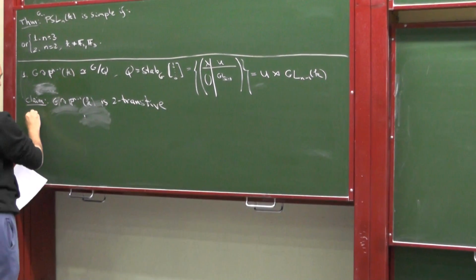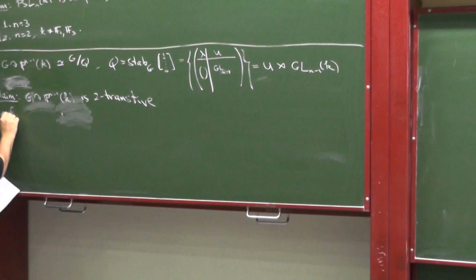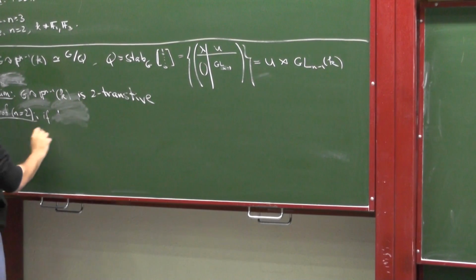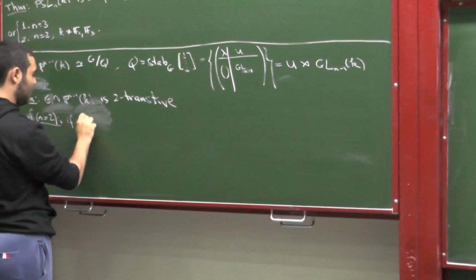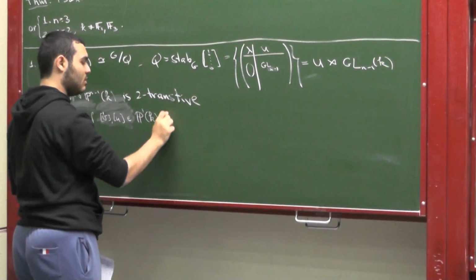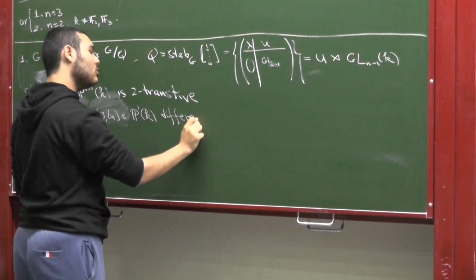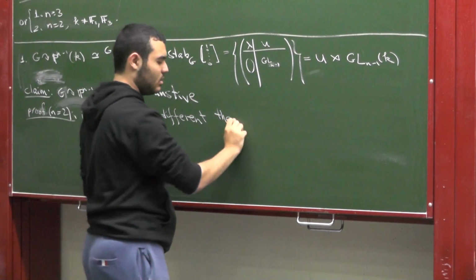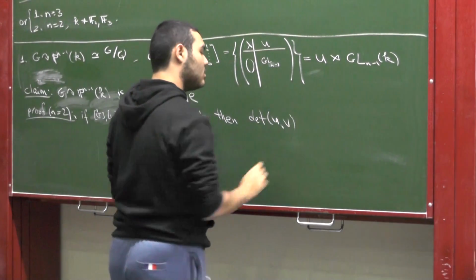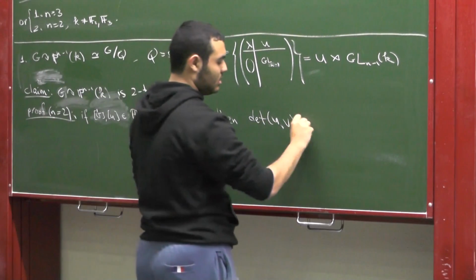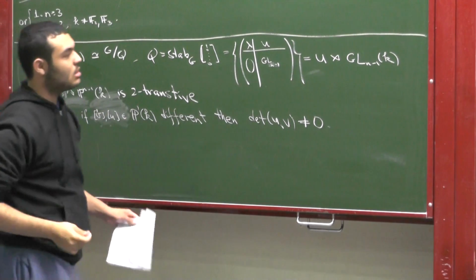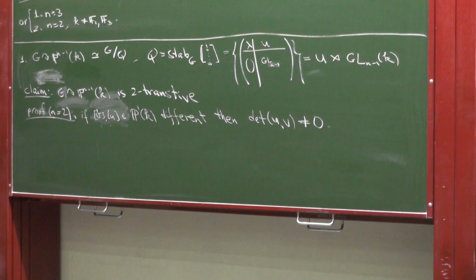Maybe I'll prove this for n equals 2, which is the easy case. Let U and V in P^1(K) be different, and I take these representatives U and V, and I look at the determinant of the matrix whose columns are U and V. This is non-zero, because U and V are different, meaning that they're not scalar multiples of each other.